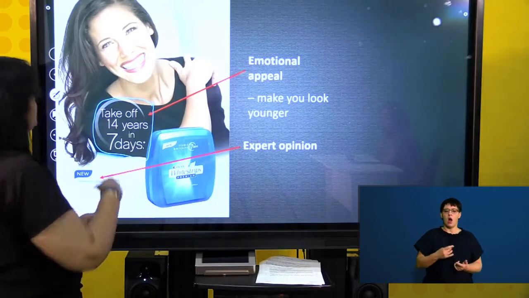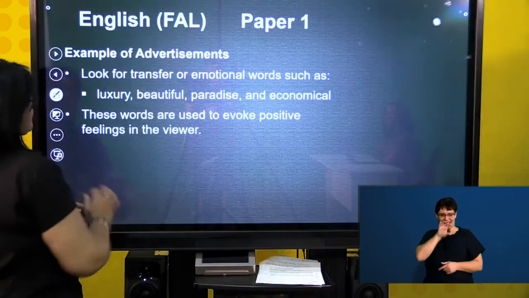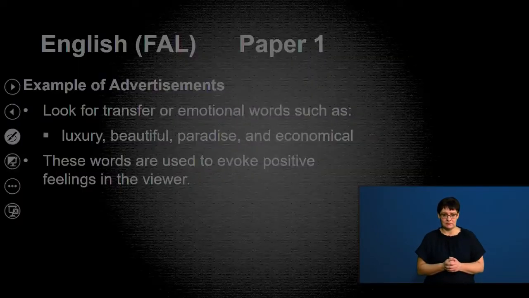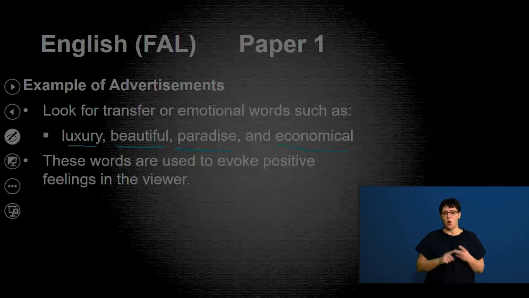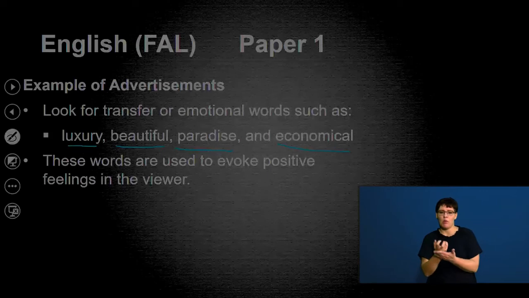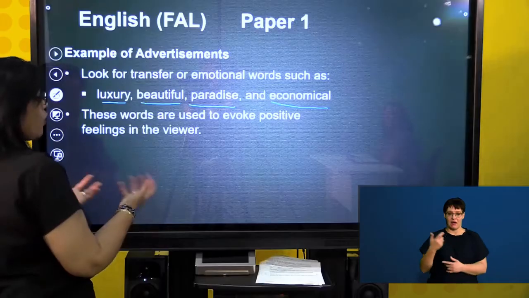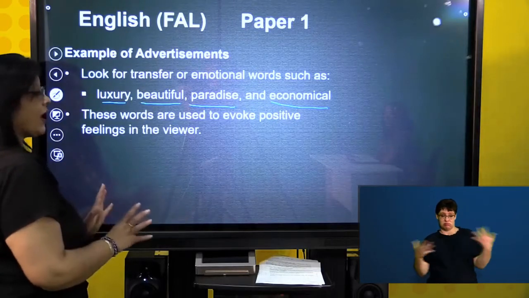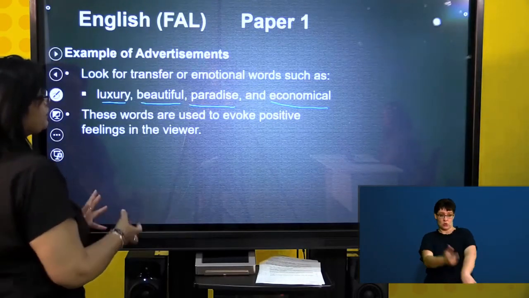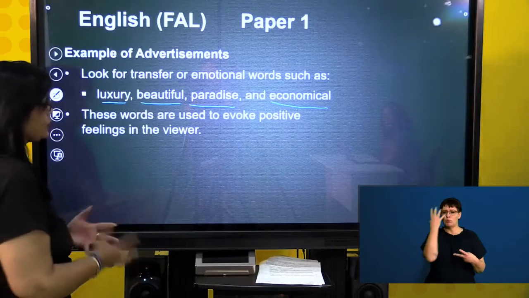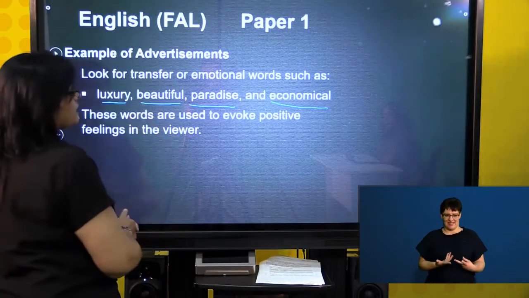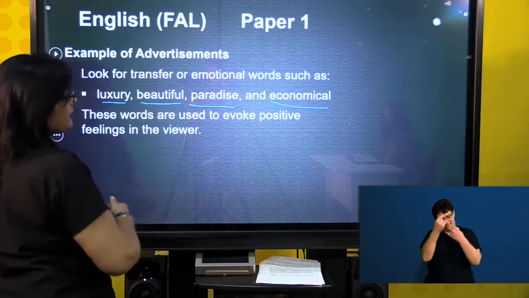Then, if we look at words such as luxury, beautiful, paradise, economical, all these words attract us. Some of us want luxuries like cars and these extravagant new high-tech watches. Then beautiful. Everyone wants to look beautiful today, so those are all your beauty products and a whole range of other things.